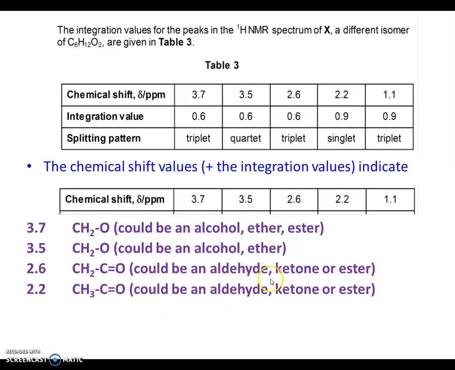So, to be honest, we can rule out an aldehyde, but again we'll just keep it there just for the moment. Finally, at 1.1 ppm we have a CH3 from our integration, and we know that it's bonded to an alkyl group, because of the relative positioning of it. Okay, so that's the chemical shift data.